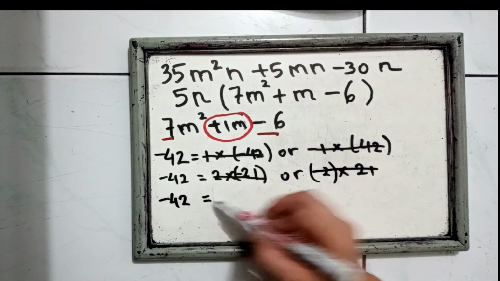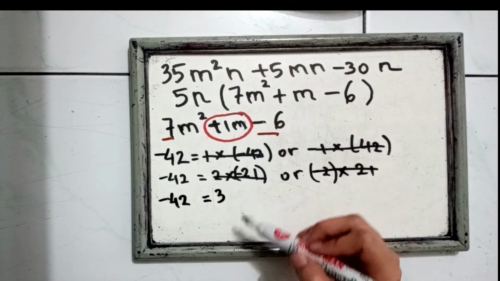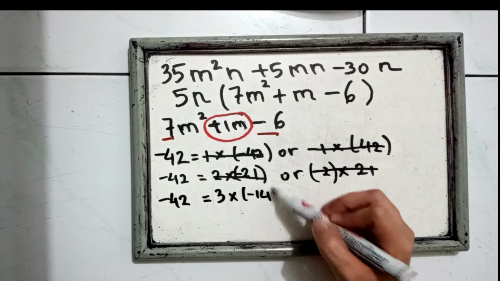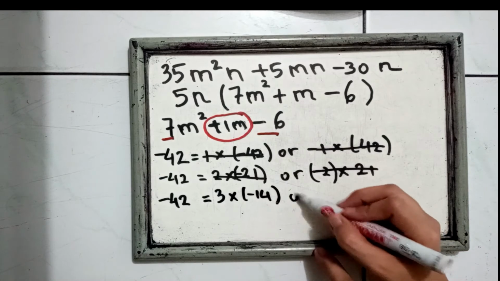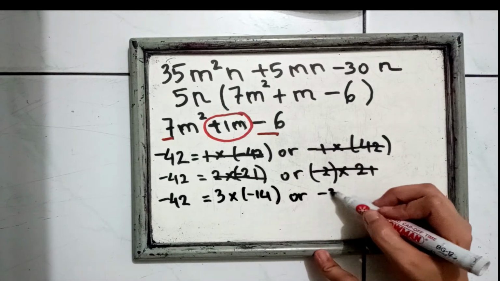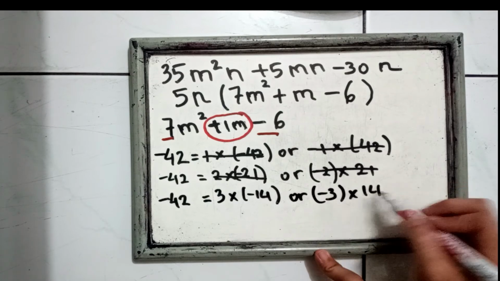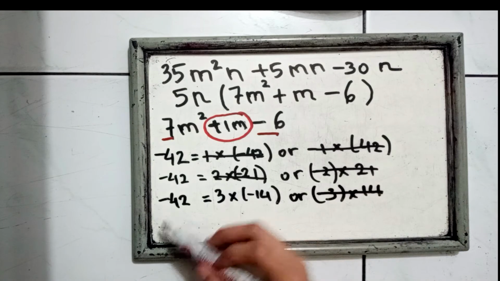Now try 6, yeah? Okay, before that, 3. 3 times negative 14. Sorry. 3 plus negative 14, is it 1? Okay. Try negative 3 times 14. When you add this, is it 1? Also no, right? Okay.